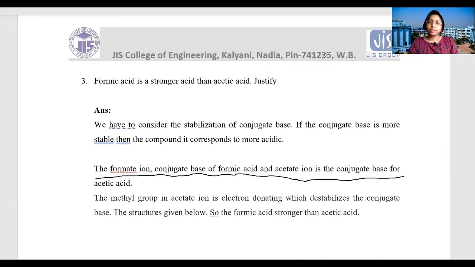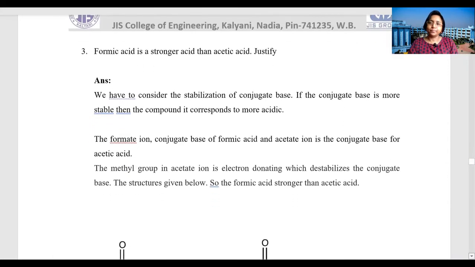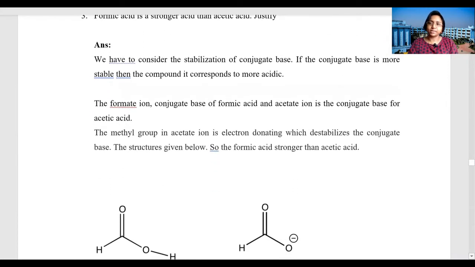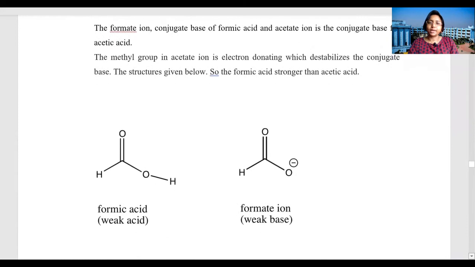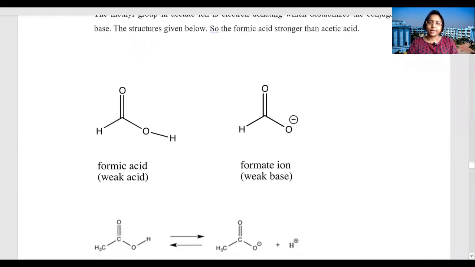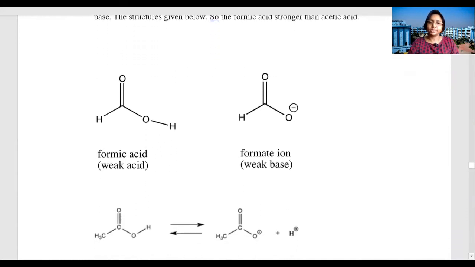Now, you have to consider which one is more stable. The more stable conjugate base belongs to the more acidic acid, because an acid can easily give an H plus ion. After giving the H plus ion, if the conjugate base is more stable, then we can say it is more acidic.